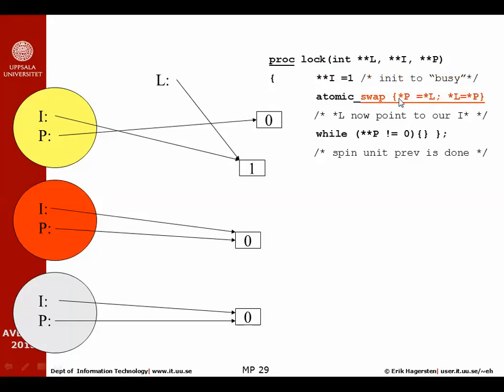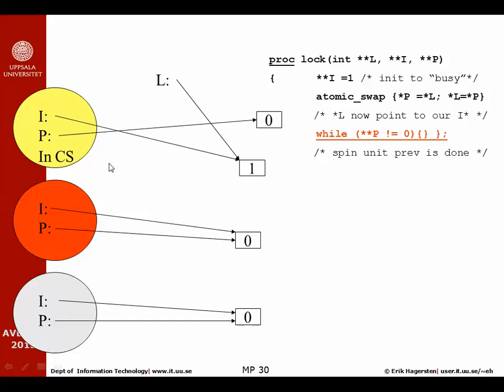Now L is pointing to the lock, but it's a busy lock, and P is pointing to a free lock. And then we say, while P is not free, keep spinning. Well, P is free. P is pointing to a 0. So this thread will manage to get into the critical section. It will do all the magic stuff in the critical section.